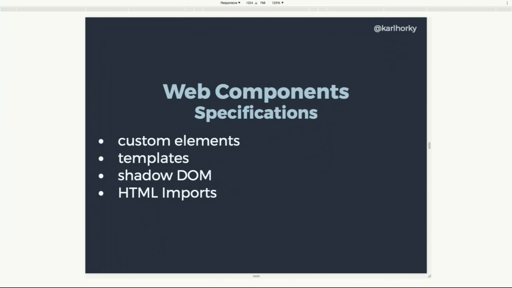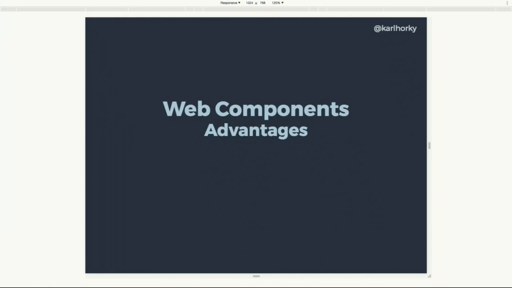Shadow DOM allows you to do encapsulation, encapsulation of styling. I don't know if you guys have had this problem before, where you have some particular class or some particular selector, and then it actually affects something that you didn't think it was going to affect, or through inheritance, through the cascade, you have some styling problems.